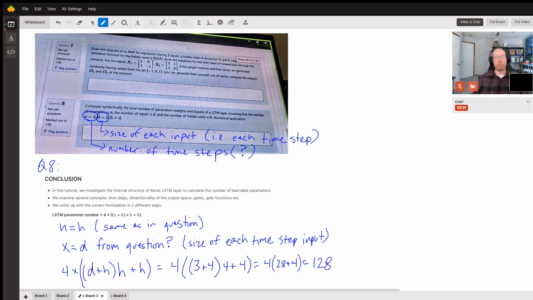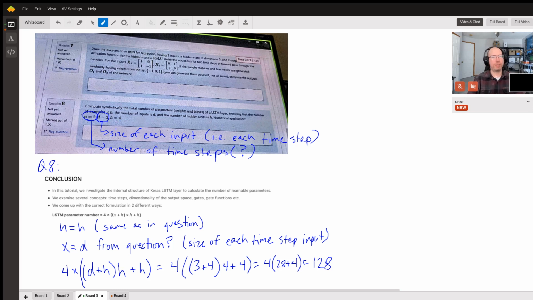So I guess this is just a basic, let's see, hidden state of dimension 3 and 2 outputs. Okay. So I guess you have a recurrent layer, activation function for the hidden state. All right. Let me see.